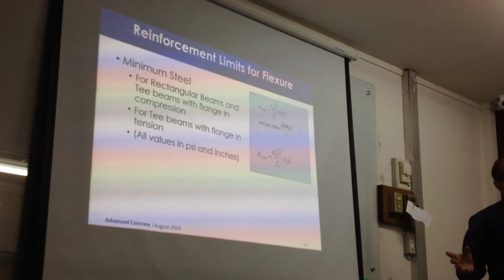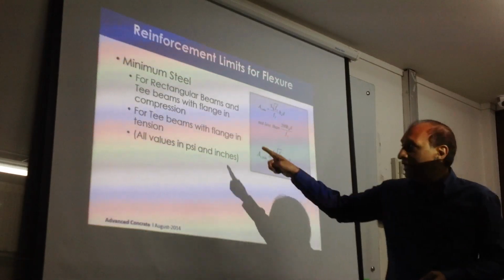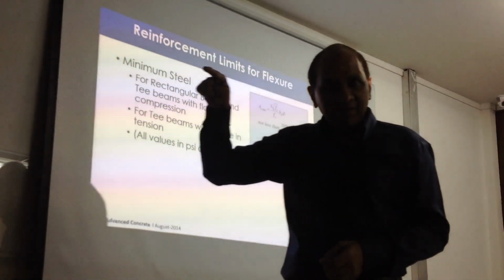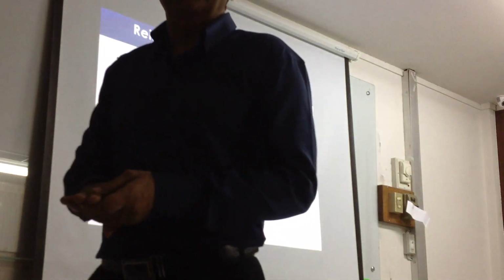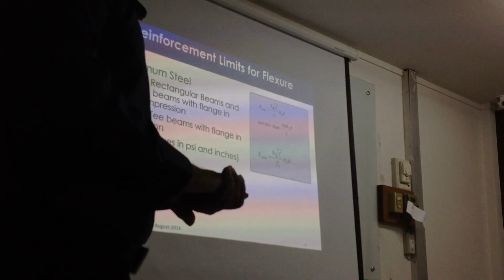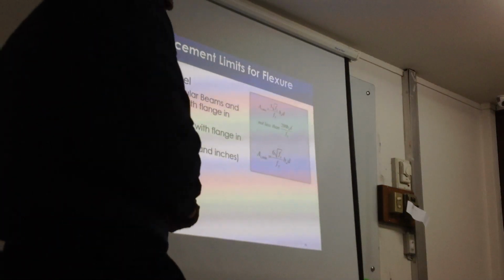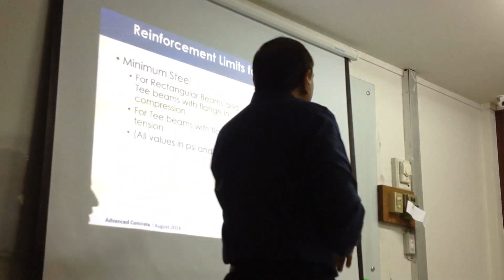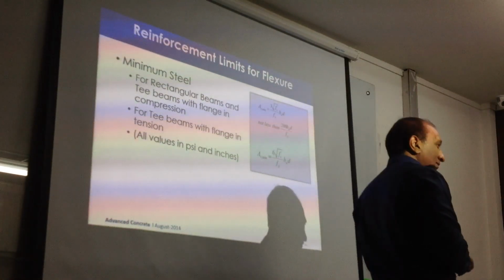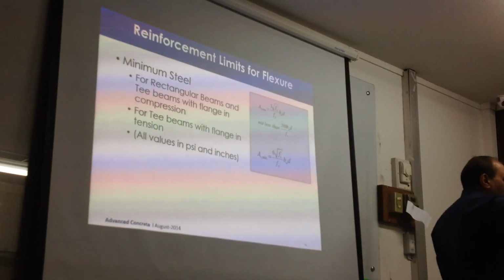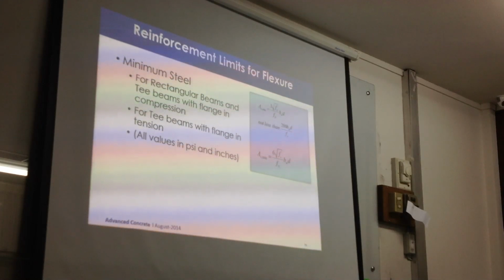Any equation that you see in the code or anywhere with Fc prime inside and a square root on the outside, be sure it was derived based on the tension capacity of the concrete. You will see that this equation is also applicable in shear. The shear capacity of concrete is equal to 2 something under root Fc prime. We'll talk about that also.